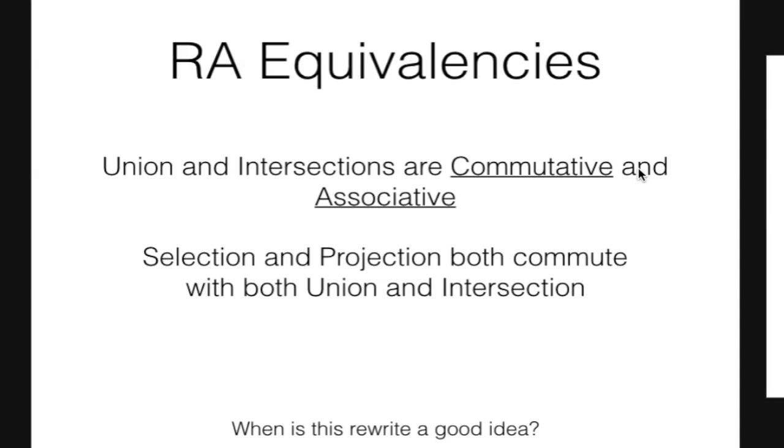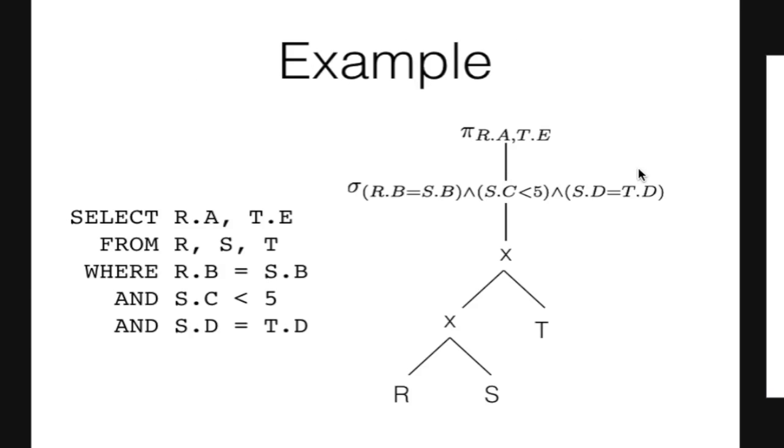So in the last 5 minutes of class, let me go through a really high-level example that could show how you would actually use these ideas in practice. I have a simple SQL query here, and on the right I have the relational algebra tree that I would get out of that query. So I've got a projection.